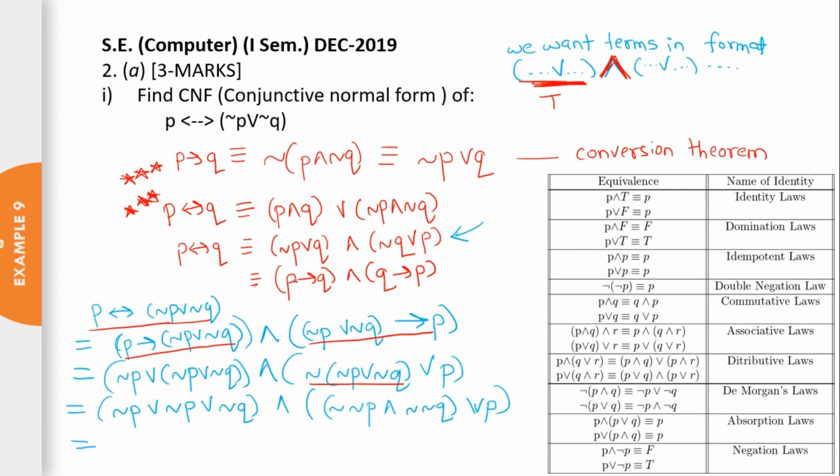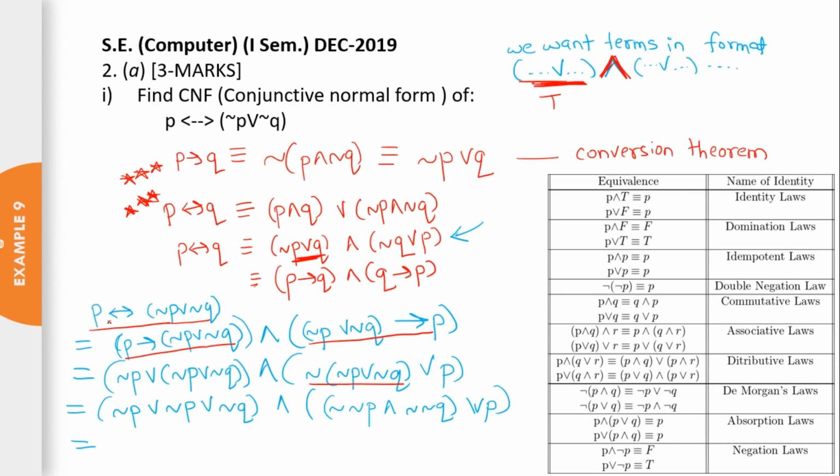P double arrow Q can be written as P arrow Q and Q arrow P. This can again be written as negation of P or Q, and with negation of Q or P. These are some of the equations given. So the term which has OR inside it will be used. Now this is the formula, we will use it and solve.